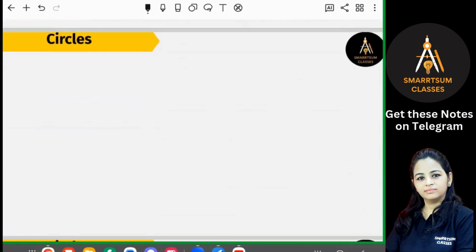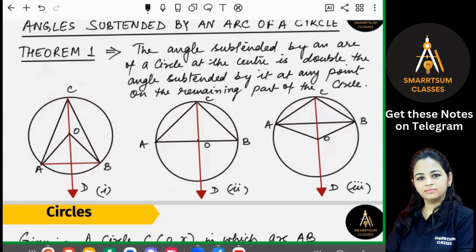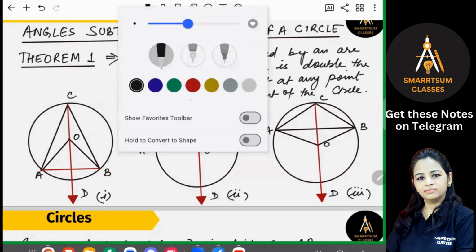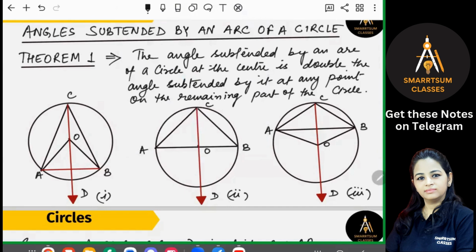As we already know that when one side of a triangle is produced, then the exterior angle is formed, and this exterior angle is equal to the sum of the interior opposite angles. This we have already done in the chapter triangles and its properties. So when we are extending one side of a triangle, an exterior angle will be formed which is equal to the sum of the interior opposite angles. So if you can see in these diagrams, look at angle AOD, this is the exterior angle of the triangle AOC.